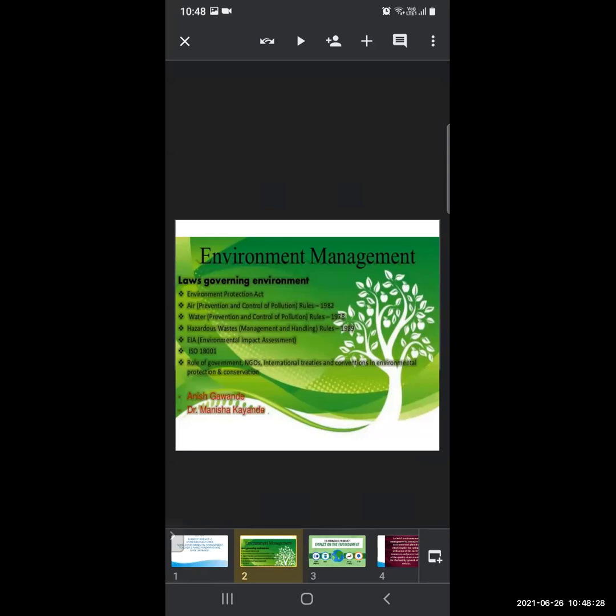Water Act, prevention and control of pollution rule, 1978. Then hazardous waste management and handling rule, 1989. And environment impact assessment. Then ISO.